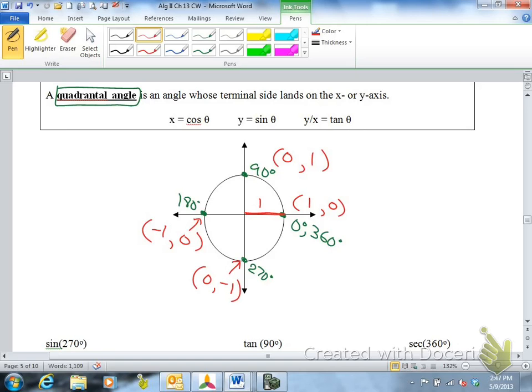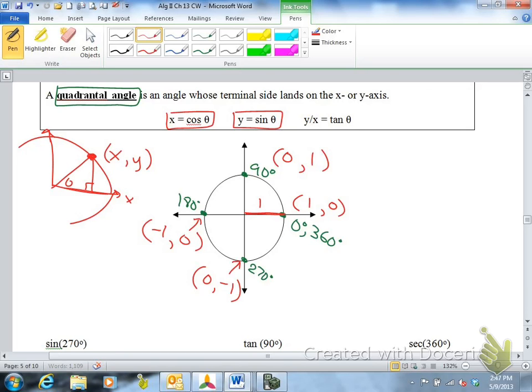You also need to know that x corresponds to cosine and y corresponds to sine. Why is that? Well, if you had a circle, these are the axes, x and y axis. We have a point right here that's x, y. If you drew a triangle, and that's my theta, notice your x coordinate is this length, which, this is radius of 1, if you did cosine of theta, cosine of theta would be x over 1.